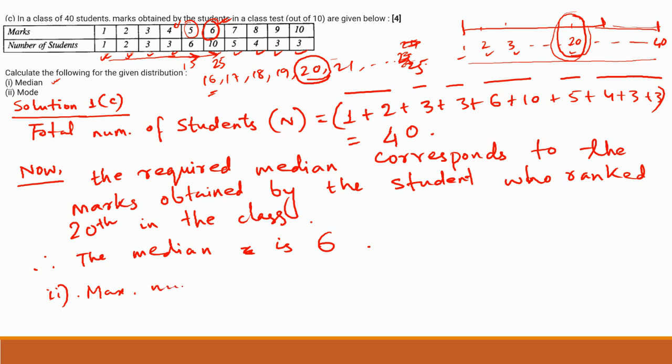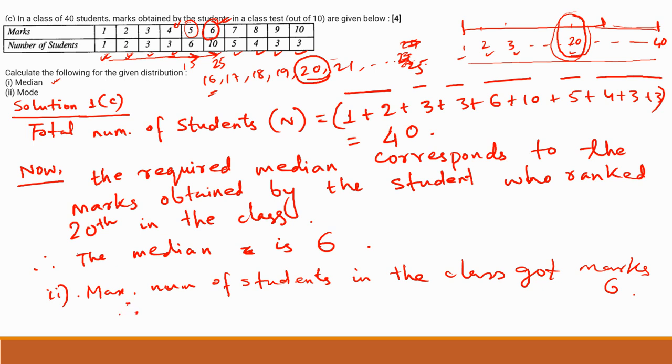So you can write: maximum number of students in the class got marks 6. Therefore, or you can write, since the maximum number of students in the class got mark 6, therefore the mode is equal to 6.